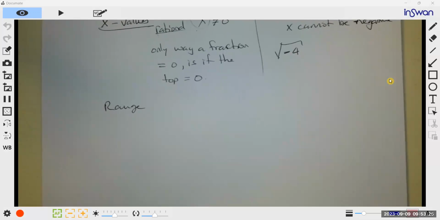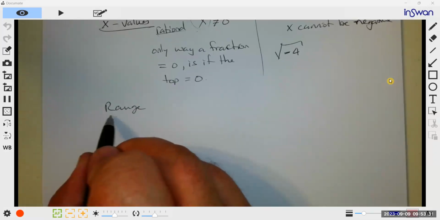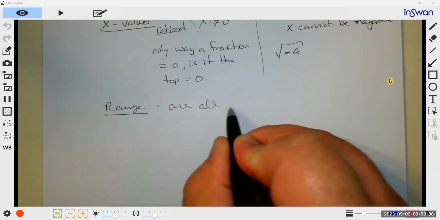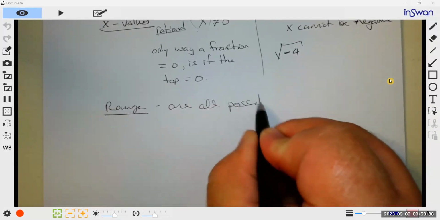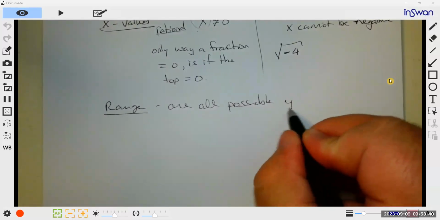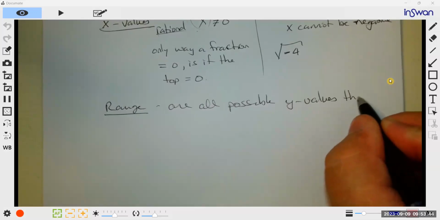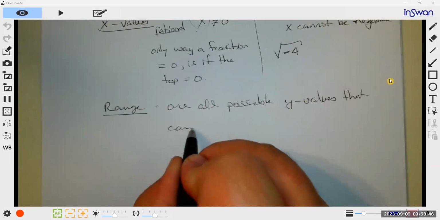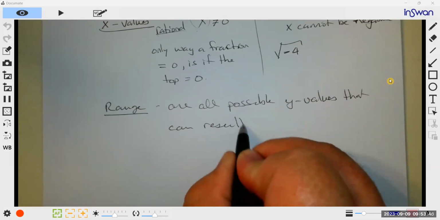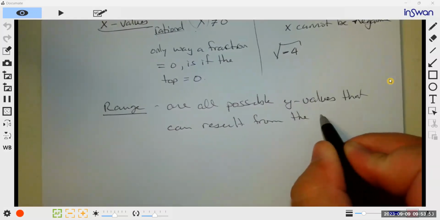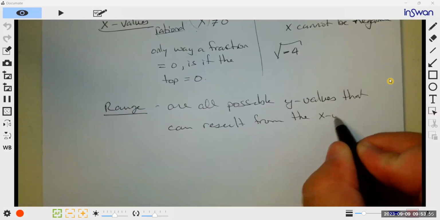The range is, once we find the domain we can use, just the other end. The range is all possible y values that can result from the x values.